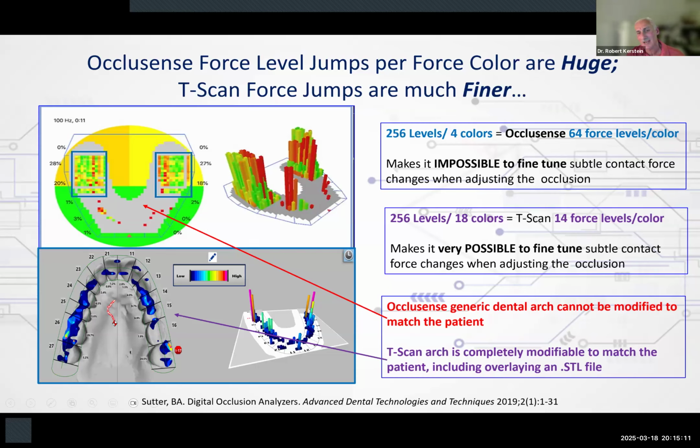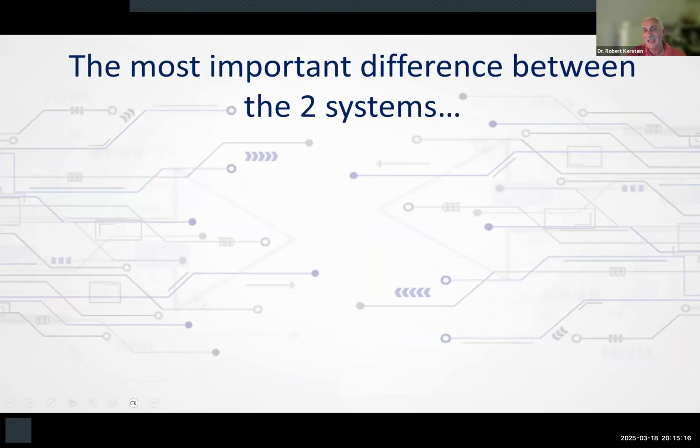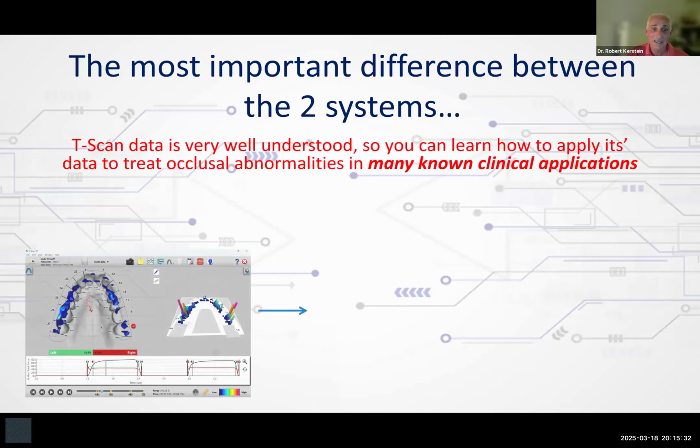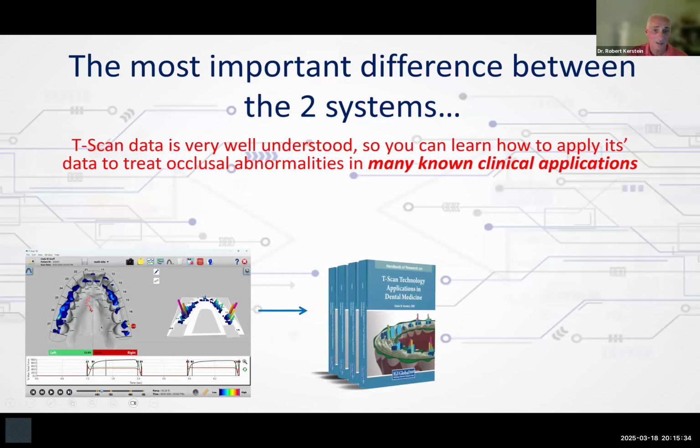And although these are technical issues, there is a significant main issue for all of you who are contemplating getting into digital occlusion and possibly purchasing one of these 2 systems. The most important difference between the 2 systems is not a technical one. It's not a mechanical one. It's this one. T-scan data is extremely well understood. So we can teach you.